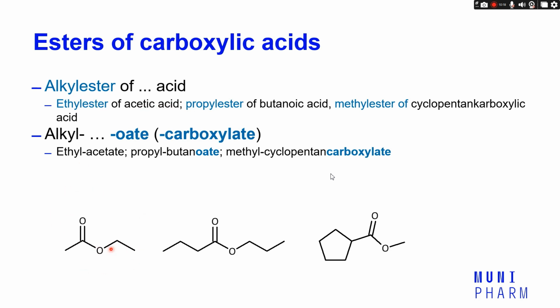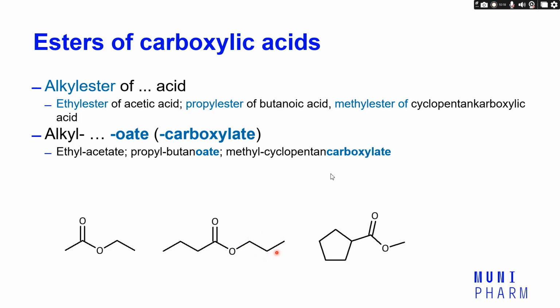It is this compound because this part is two carbons, which means the alkyl is ethyl. In this case, again, it is necessary to distinguish which part is the former acid and which part is the alkyl. It may be distinguished according to the position of this carbonyl. This is the original acid, which contains four carbons, and this alkyl contains three carbons.